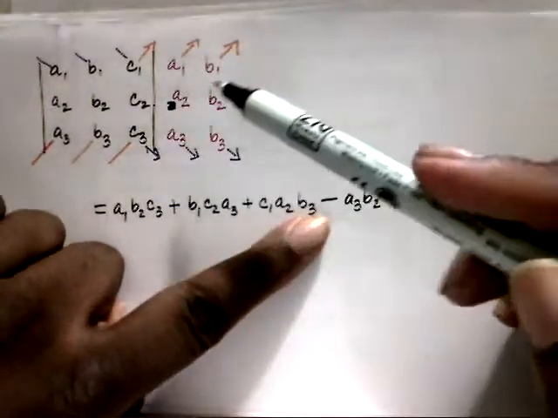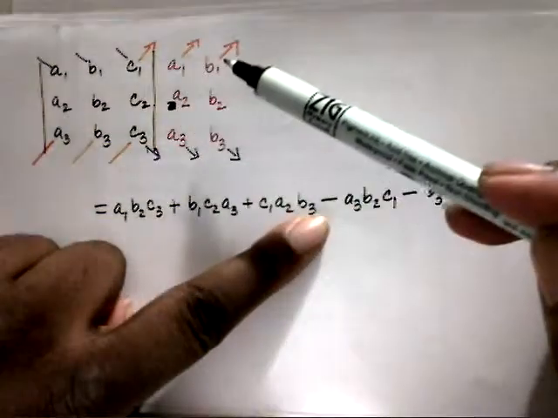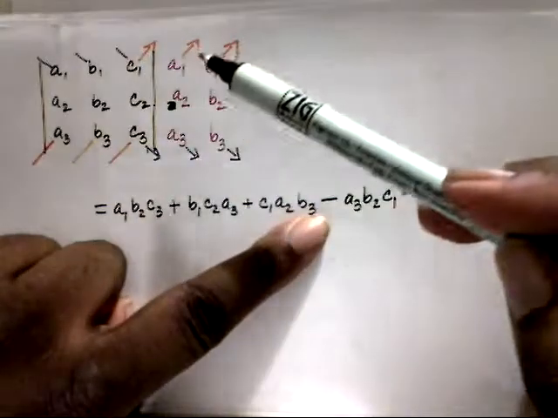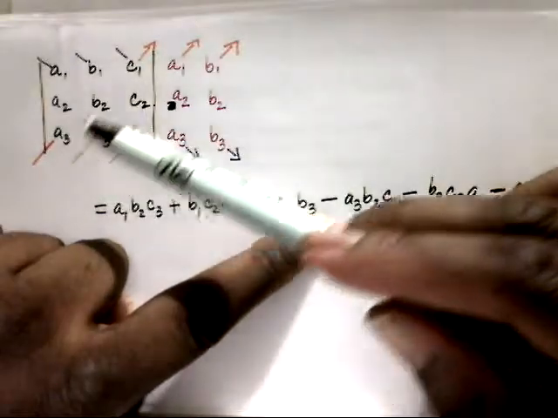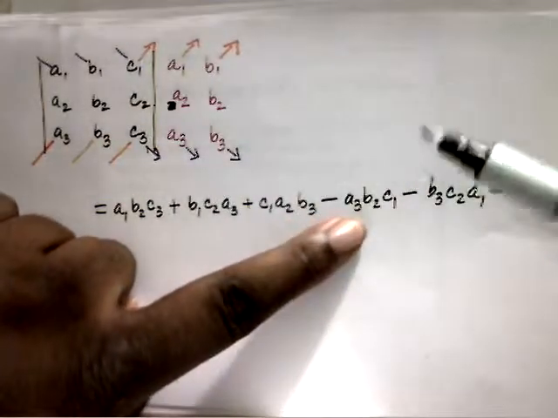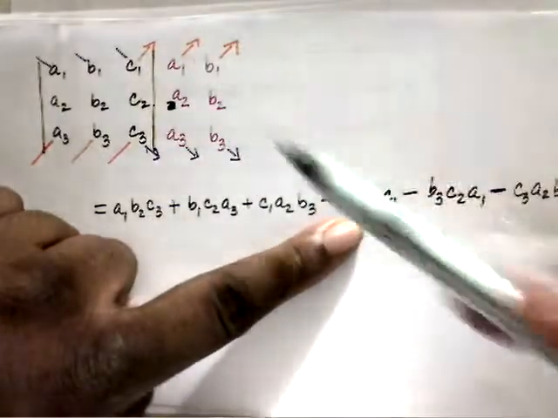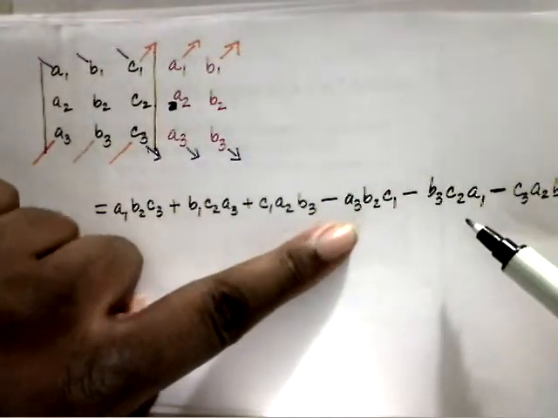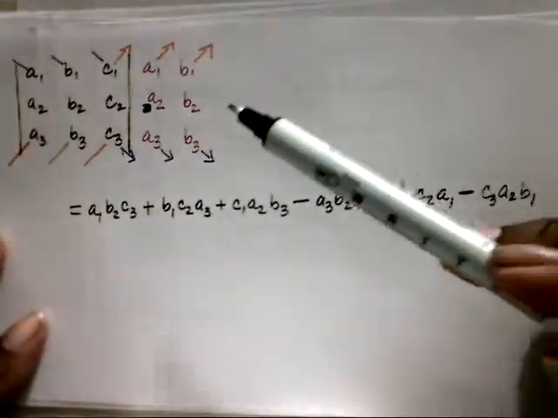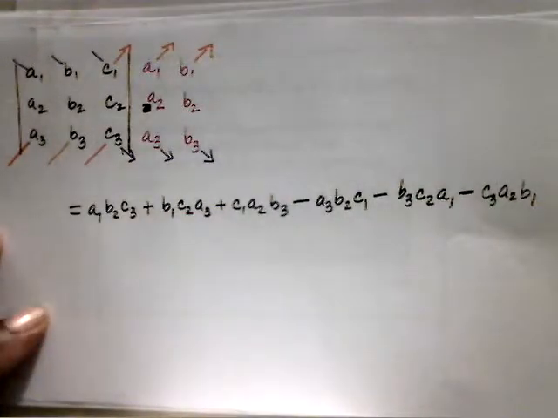And then I minus the product of these diagonals. I minus each of the products of those diagonals coming from the lower left to the upper right. So I have A3, B2, C1, which is this product, minus B3, C2, A1, that's this product, and then minus C3, A2, B1, that's this product right here.